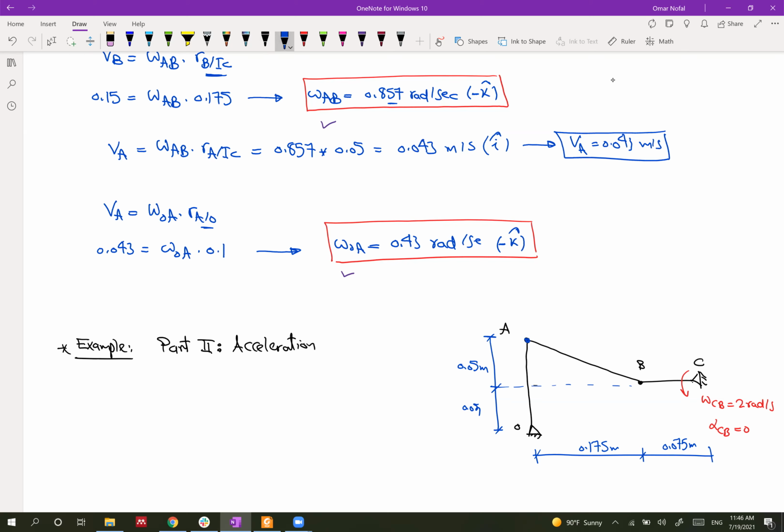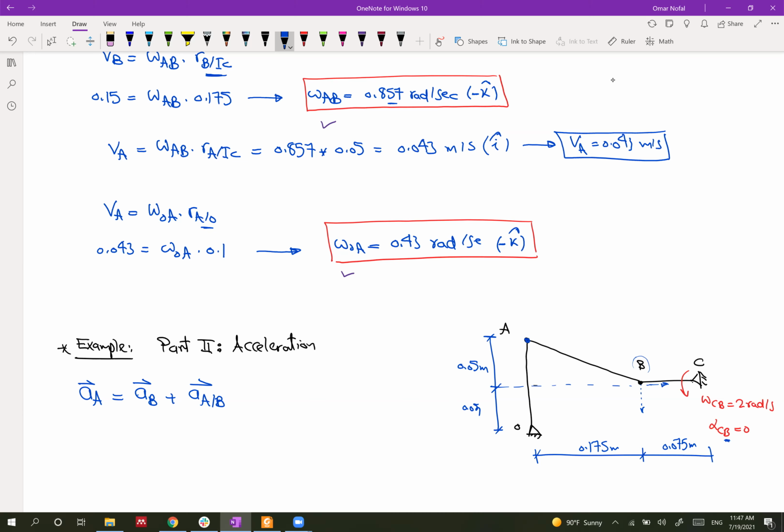For example, if we want to construct the acceleration at A, it will be equal to the acceleration at B plus the acceleration of A with respect to B, if I want to construct the acceleration at this point. And actually, if I want to get the acceleration of point B, the tangent acceleration will be equal to 0 because alpha CB is equal to 0, but we will have a normal acceleration in this way.